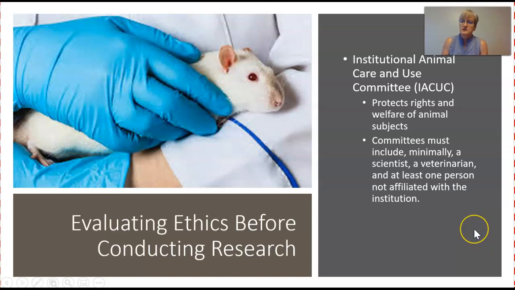IACUC committees are expected to include, at a minimum, one person who is a scientist with some exposure to the use of animal subjects. Rather, a veterinarian has to be involved, and it's typically a local veterinarian who will stand as sort of the medical expert for the IACUC, and then at least one person who's not connected to the institution.